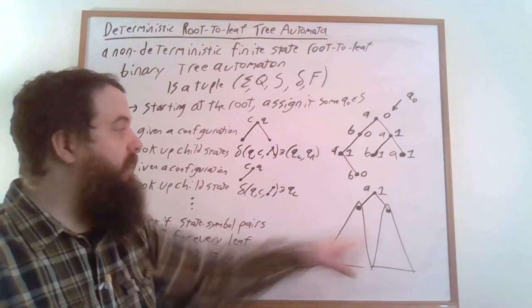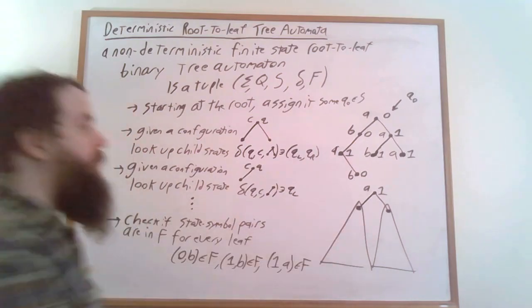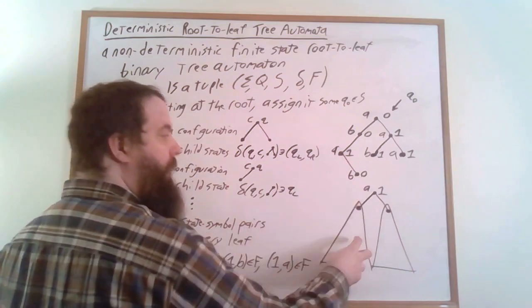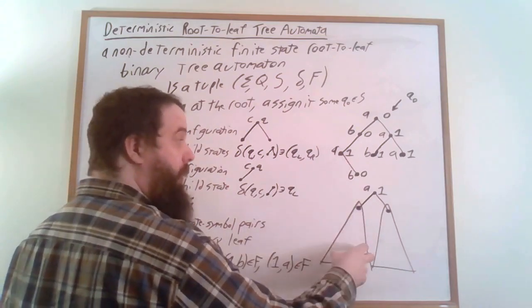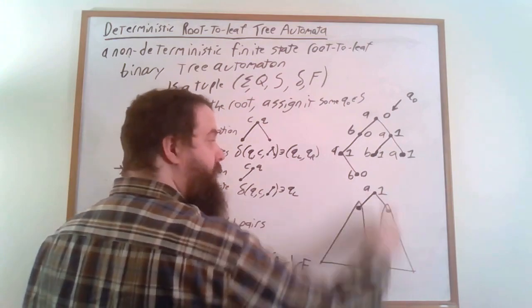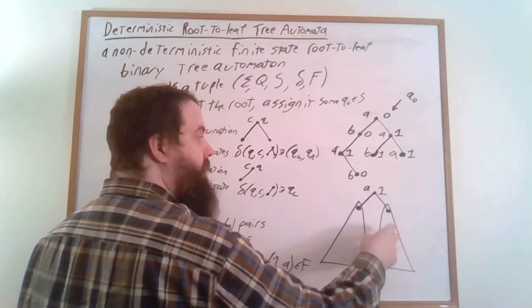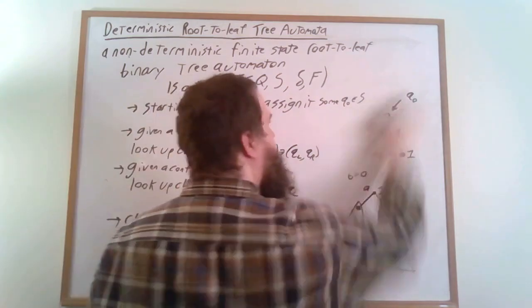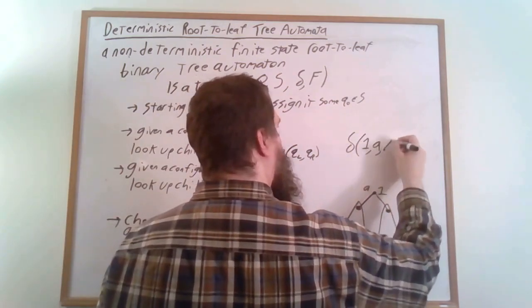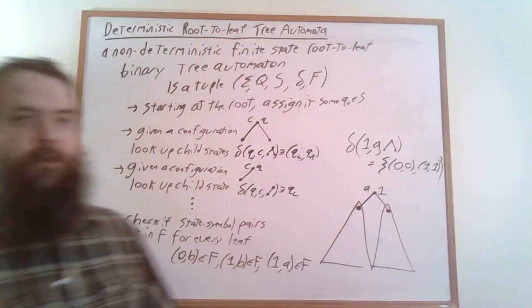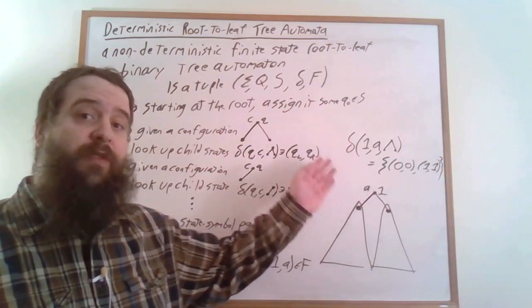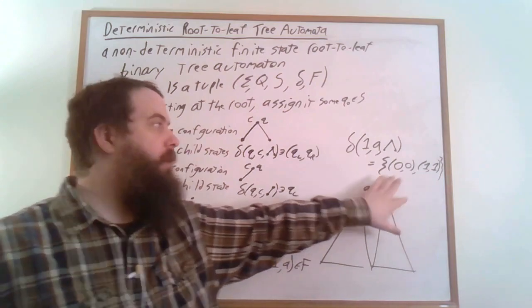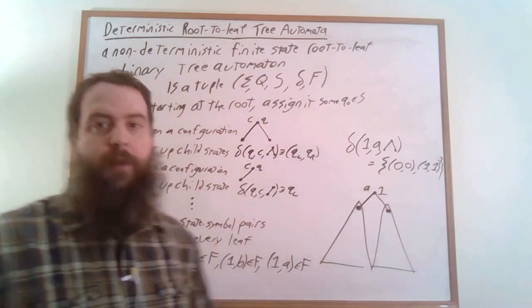So in this case, we can express that we're hoping for this subtree to have a number of A's that's congruent to 0 mod 2, and this subtree has a number of A's that's congruent to 0 mod 2, or they're both congruent to 1 mod 2. Right? Our transition function gives us two possible pairs of states that we could wind up going into.